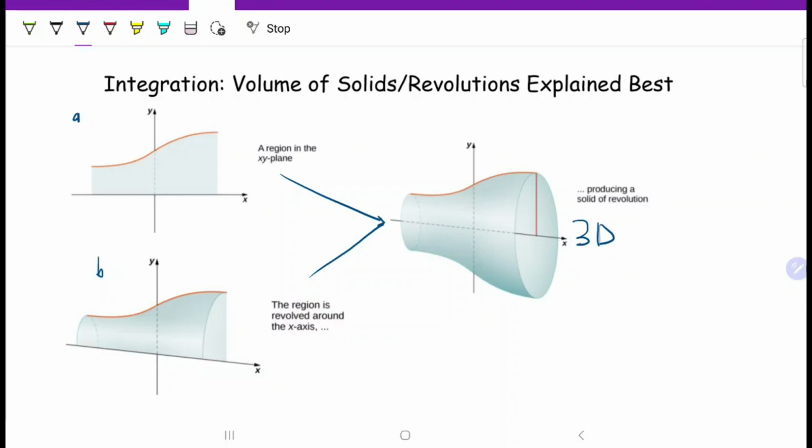Because this is now a 3D shape and it's a solid, we can calculate the volume of that. The volume is given by pi times the integral over the lower boundary to the upper boundary of the square of the function dx. So that's how we'd be able to calculate that particular volume.